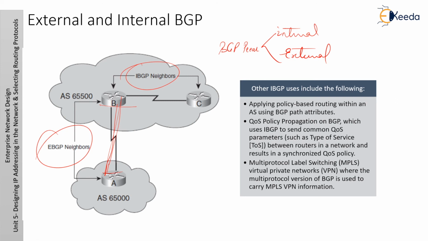So this diagram reflects where this BGP is located. So this is external BGP and this is internal BGP. All routers in the path between IBGP neighbors within an autonomous system are called the transit path.